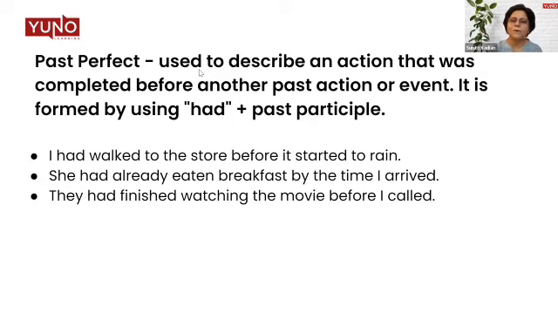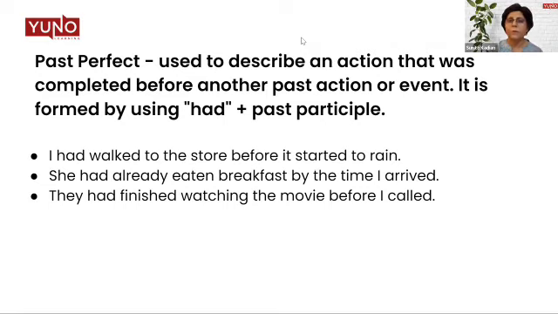How do we use past perfect? You put had plus the past participle form or the V3, like gone. But when do we use it? Understanding of that is important. It's used to describe an action that was completed before another past action or event. So remember, we are talking about two events over here.